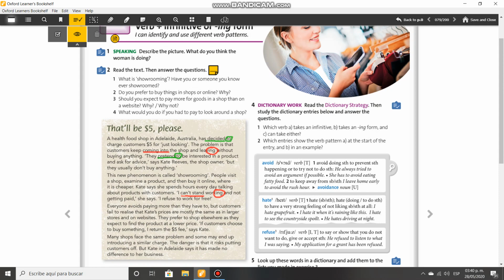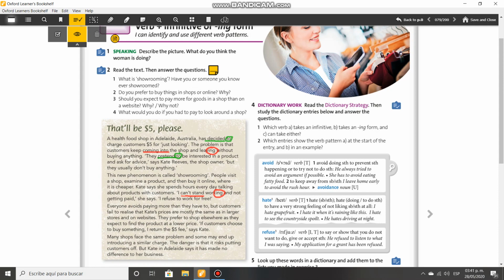So, can you understand what's the meaning of showrooming? Okay, what's the meaning? It's the new phenomenon when you go to a shop and you only look for that item, but you don't buy it. I understand it as well. Have you or someone you know ever showroomed?